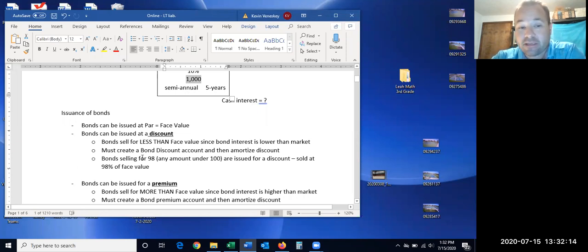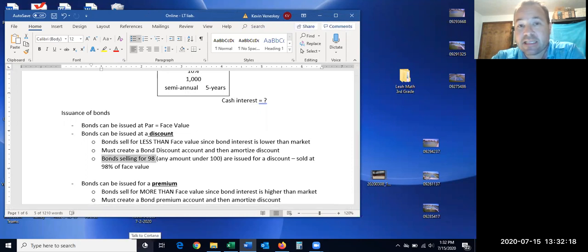We don't know until we do the calculation. Or the book could tell us what the percentage is. It could say the bond is selling at 98, and all that means is the bond is selling at 98%, 100 being 100% full face value. And whenever there's a difference, let's say we sold it for $950, that difference is called a bond discount.